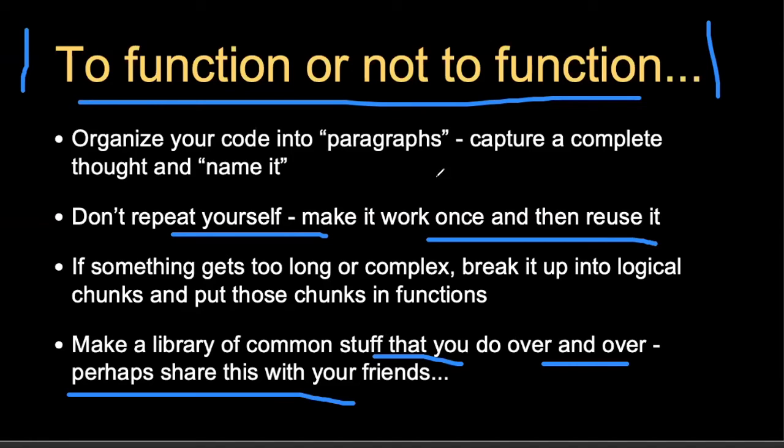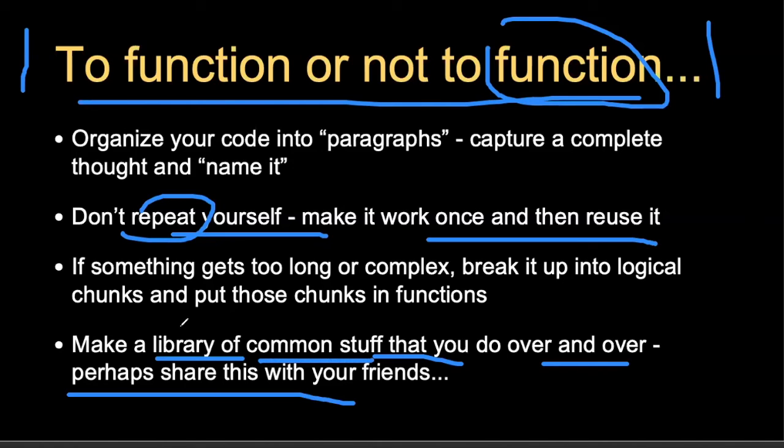And the reason you have functions is because you want to reuse them, right? Don't repeat yourself, so that you can even make libraries of common stuff. So what does library mean? A library is simply a collection of these functions. Sometimes you have 4 or 5 of these things. Sometimes you have 20.